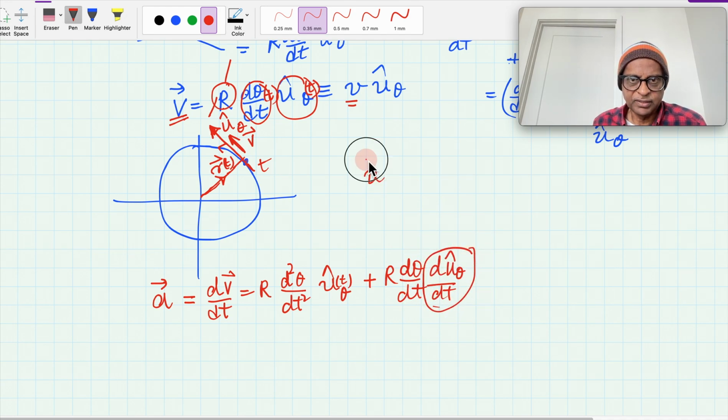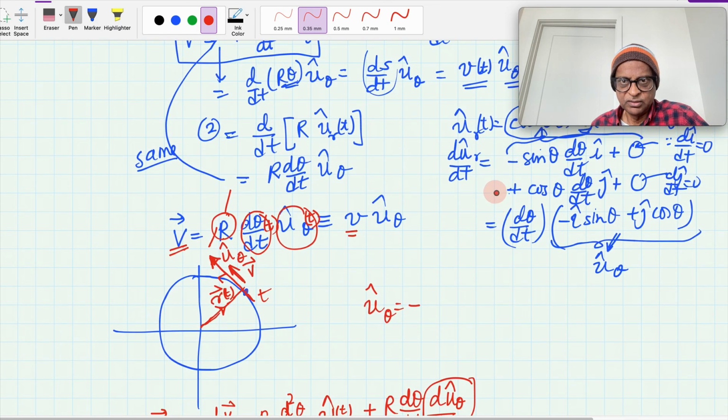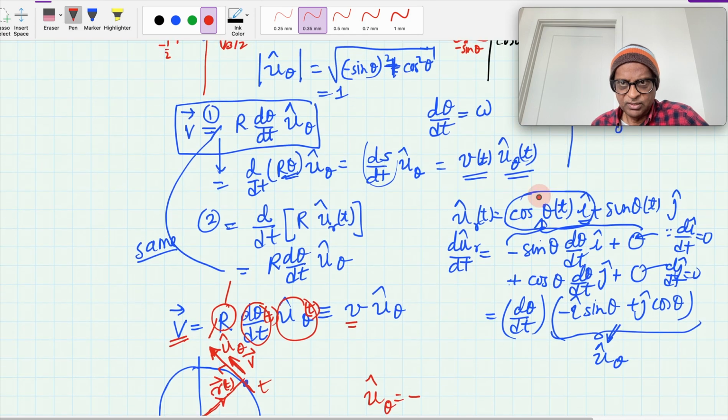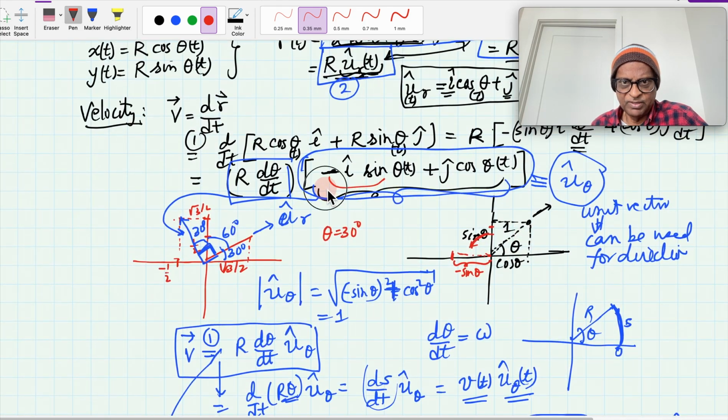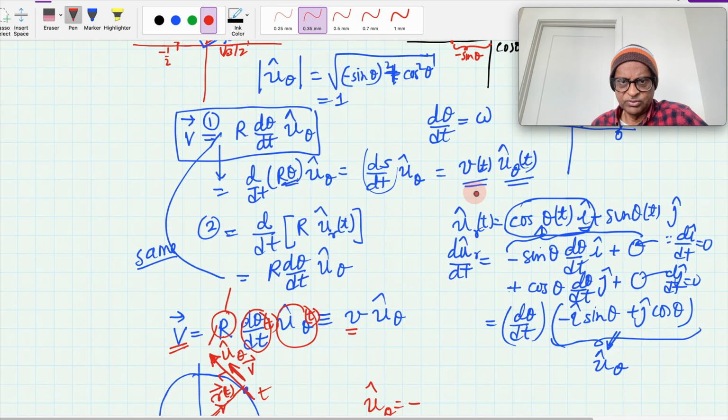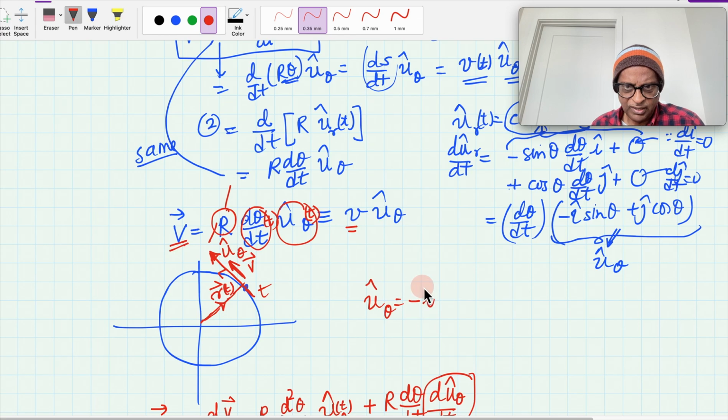So u hat theta was right over here. u hat r is this. u hat theta we have this. So let's start with that. Minus i hat sine theta, which is of t, and no t here, so that's the only derivative we're going to take. j hat cosine theta of t.